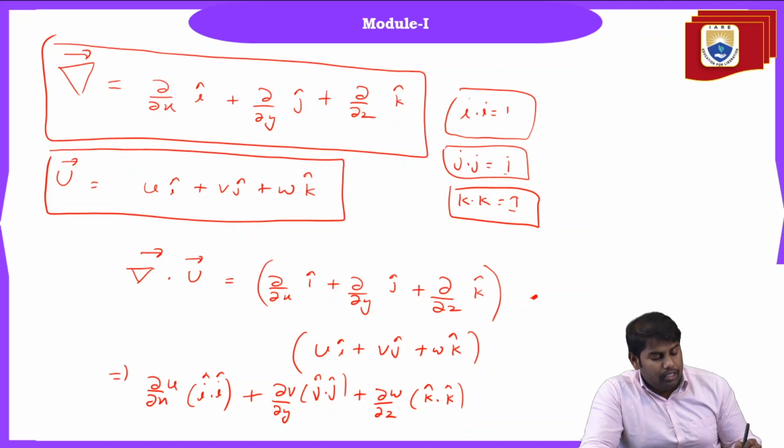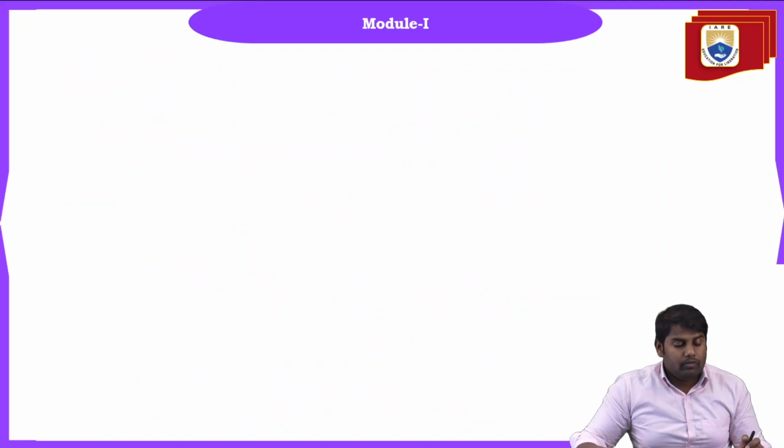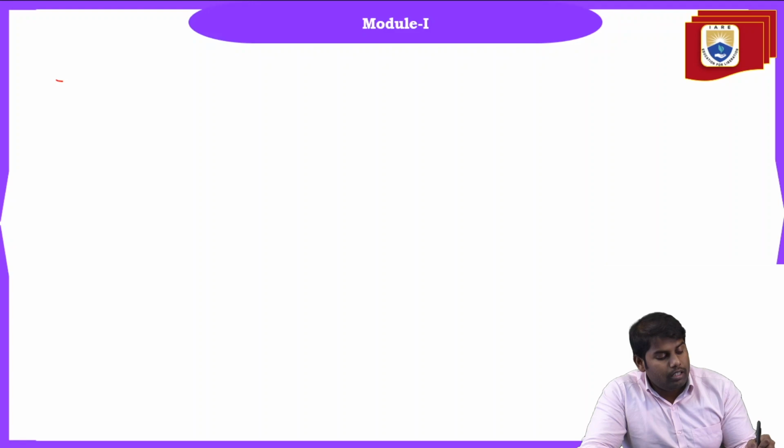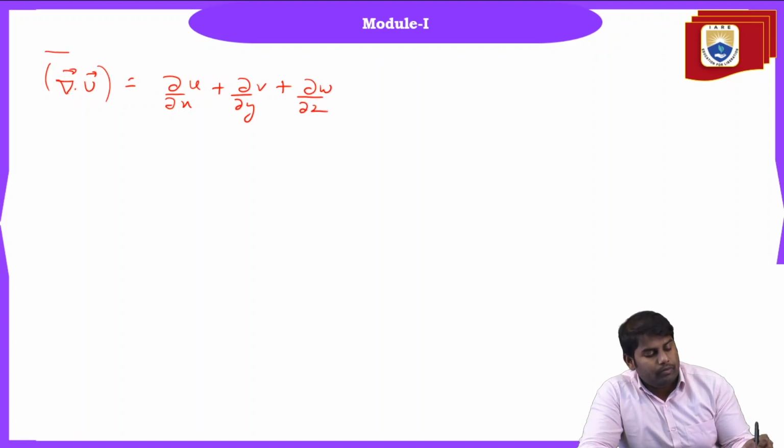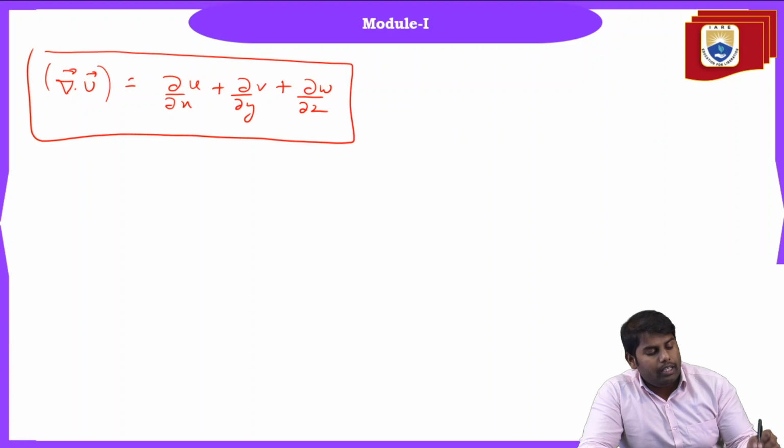Therefore, the resulting equation: del dot u bar is equal to dou by dou x of u plus dou by dou y of v plus dou by dou z of w. So this is our resulting equation.